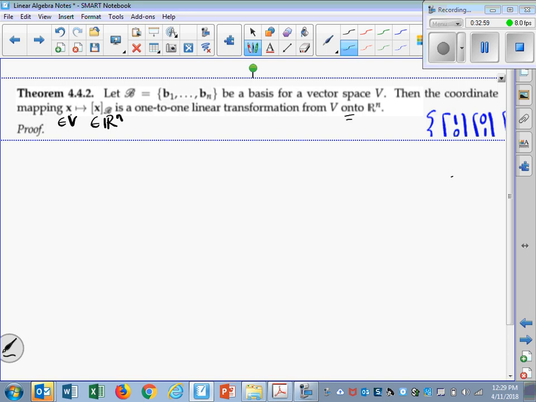But before I get hot and heavy into the linear proof here, let's set up some details. So let's set up T. I'm just going to say let T be the transformation that goes from V to Rn, and we'll say defined by T of X equals the B coordinates of X. There we go.